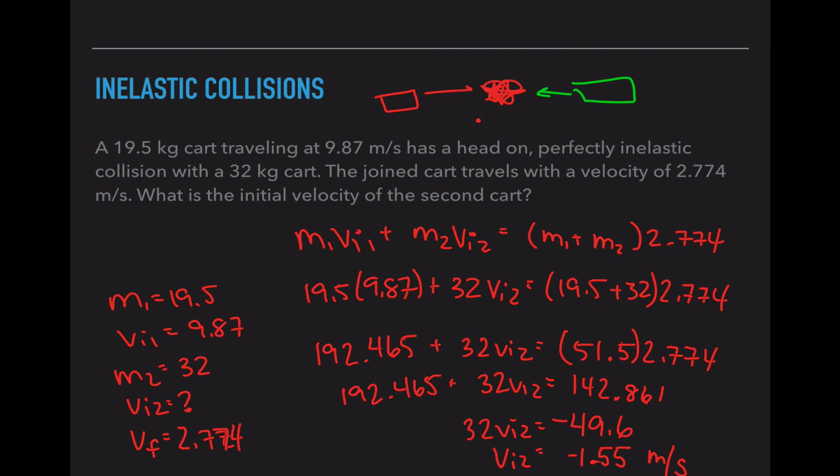The first cart and the second cart continue moving in the positive direction because this value is a positive velocity. So once they collide, the red cart overtakes the green cart and they continue moving in the positive direction. But that negative 1.55 means this green cart was moving to the left on the number line before the collision occurred.